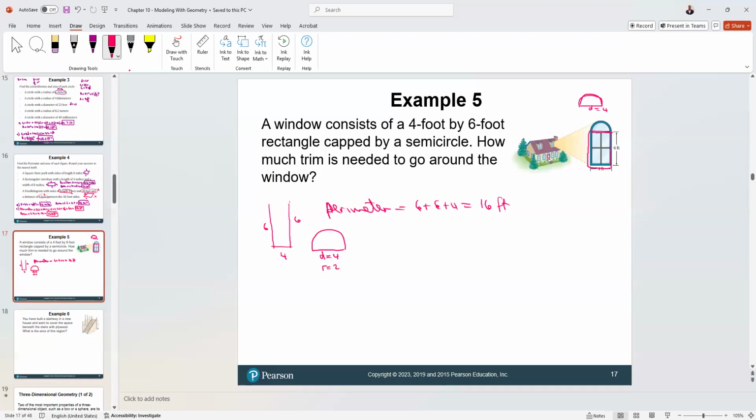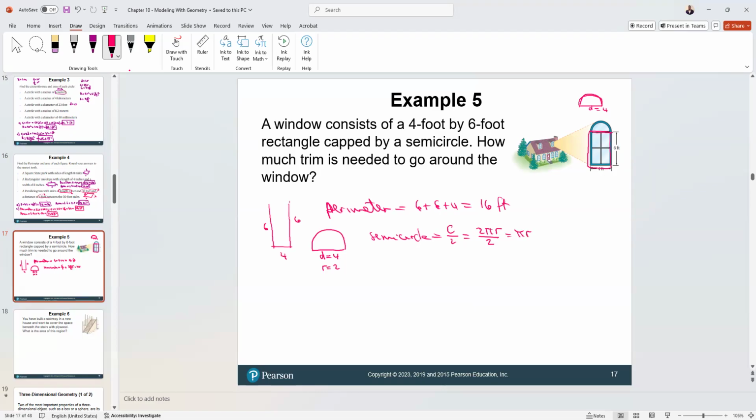And we know a semicircle is half of a circumference. What is the circumference? The circumference is 2 pi r, over 2. So that means it's only pi r.